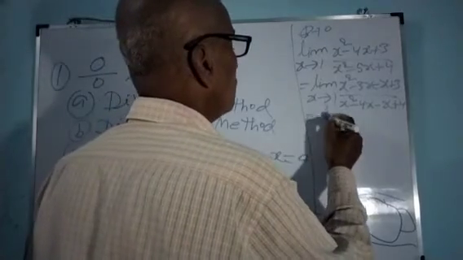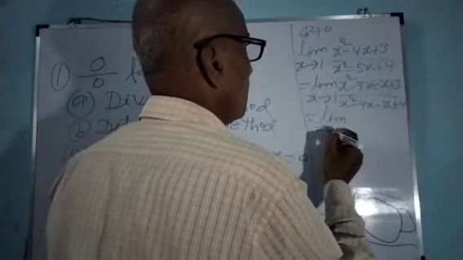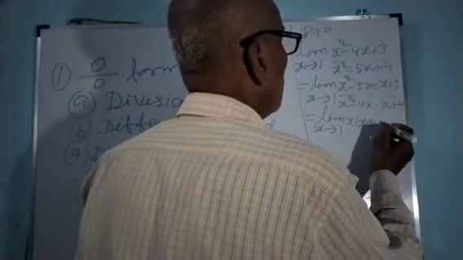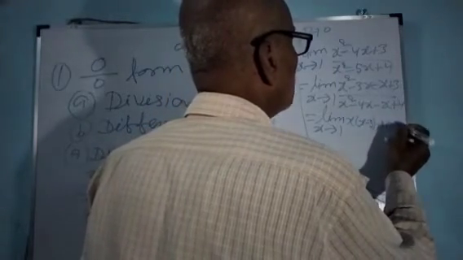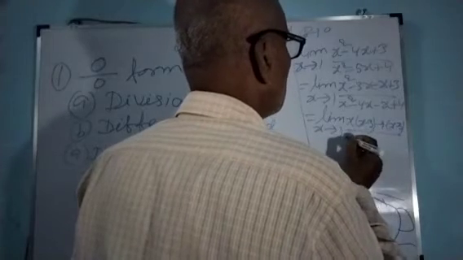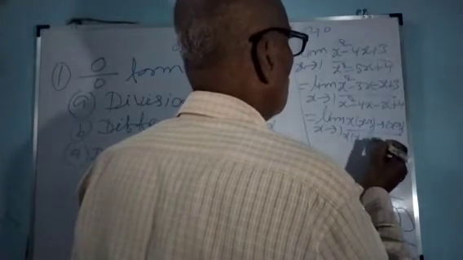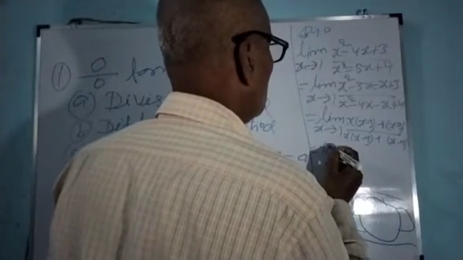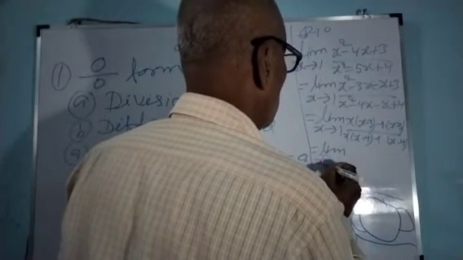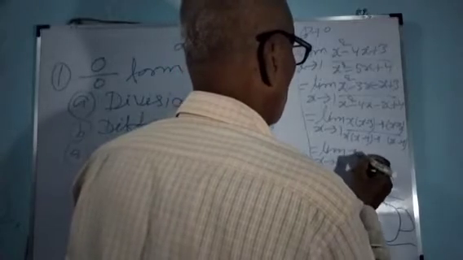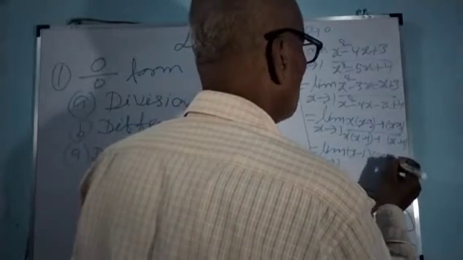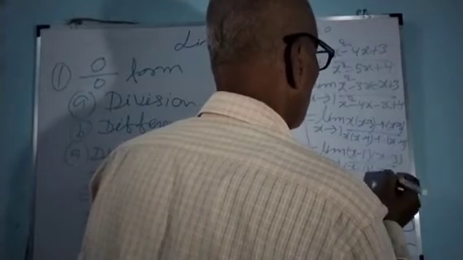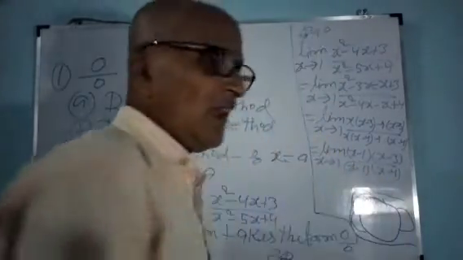This is equal to limit x tends to 1, (x minus 3)(x minus 1) by (x minus 4)(x minus 1). What do we see here?